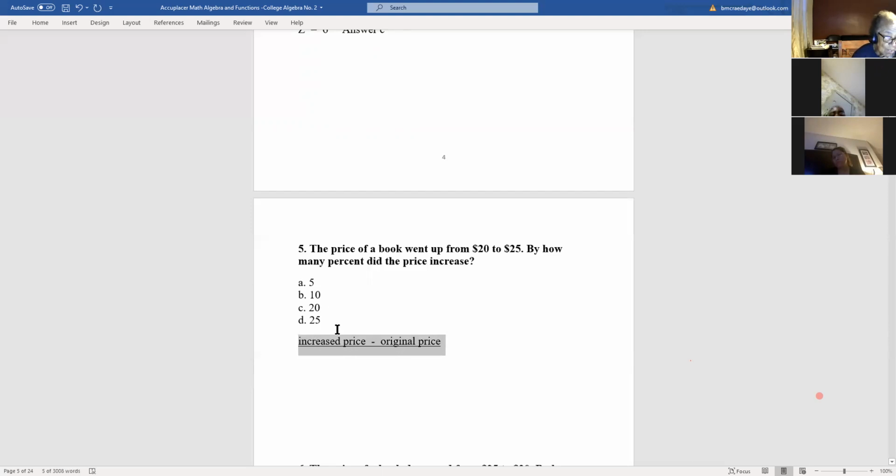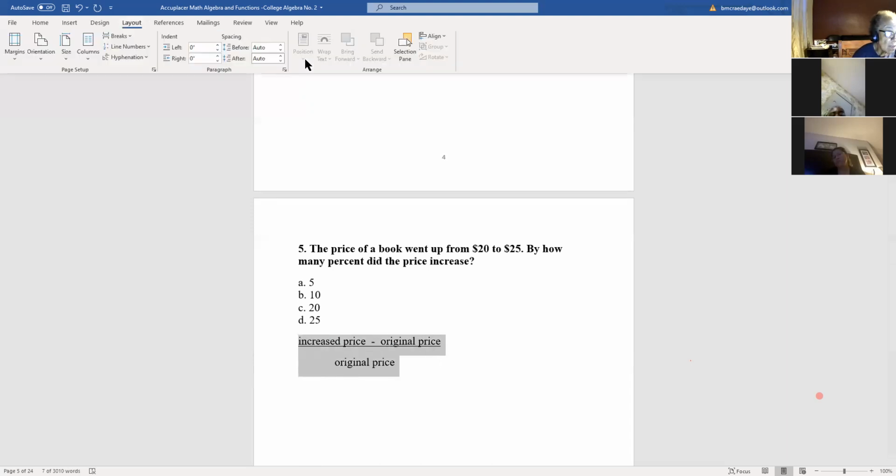Okay. We don't need that underline there. Let's just move that over because it's the difference divided by the original price.